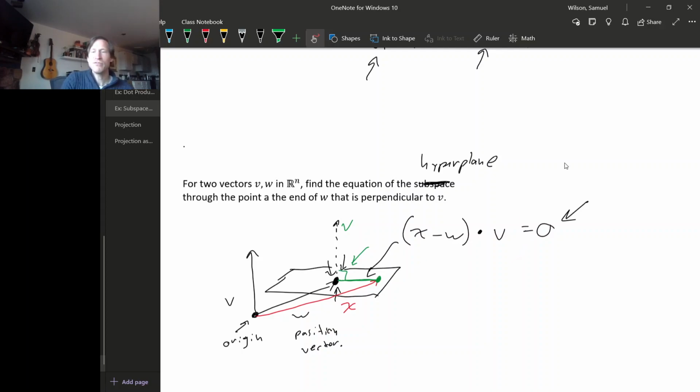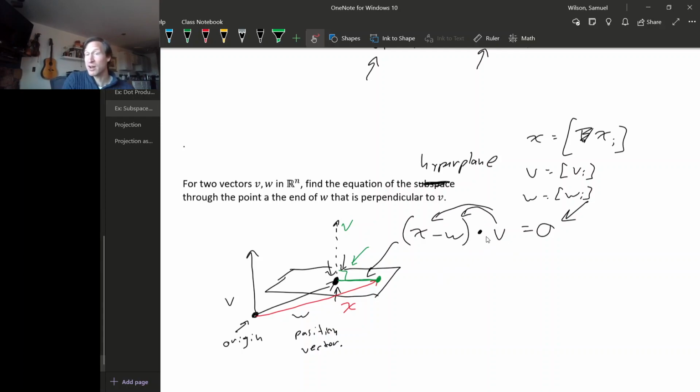Now if x is a vector whose entries are xi, and v is a vector whose entries are vi, and w is a vector whose entries are wi, then usually how people do this is they'll rearrange this equation, distributing this dot product.